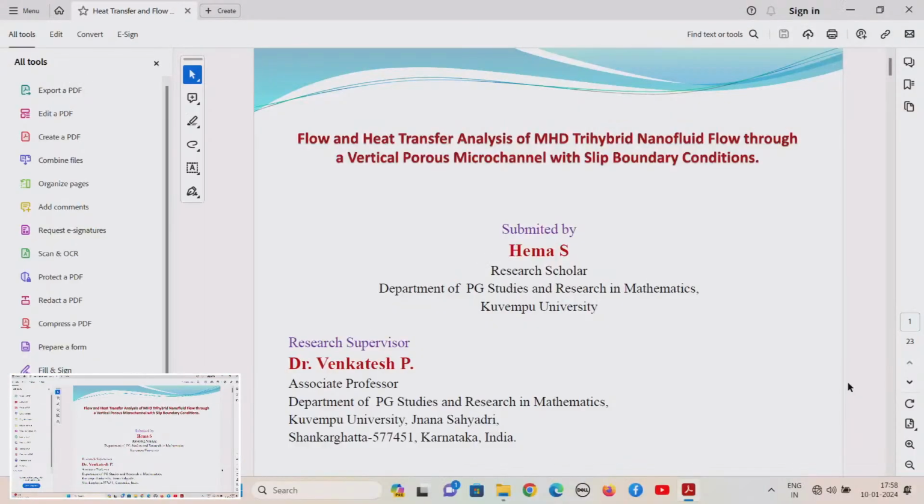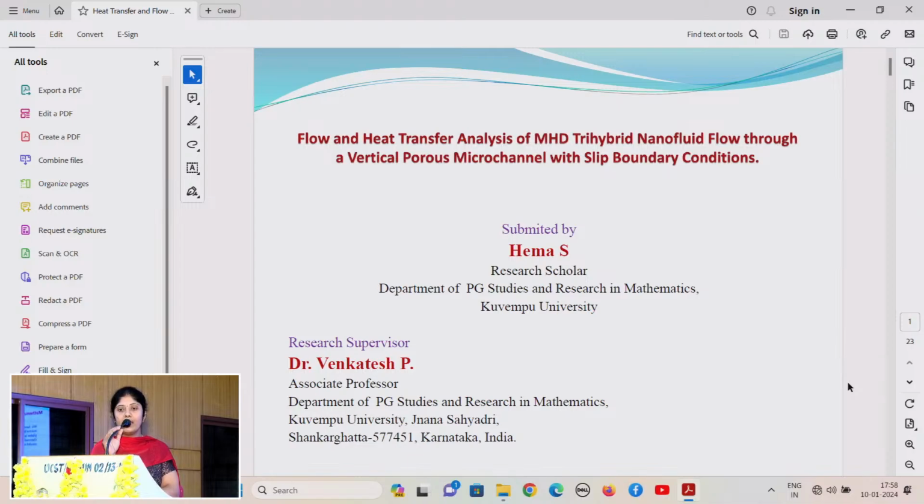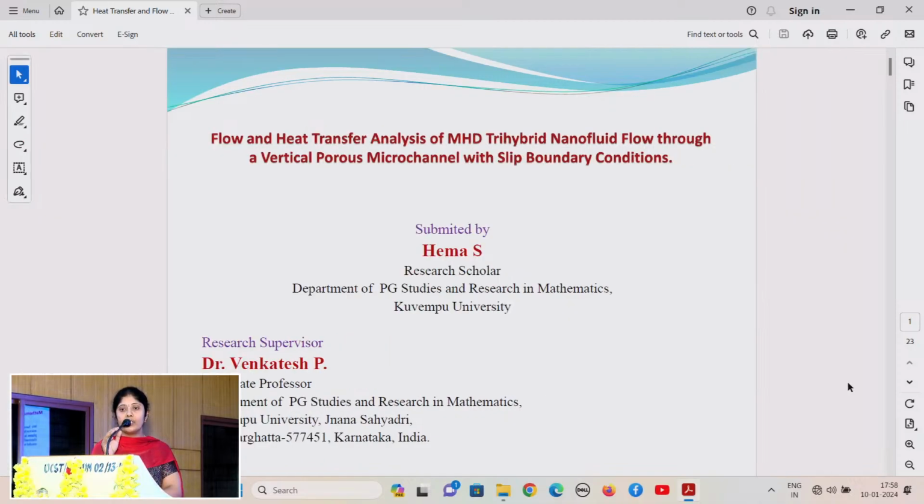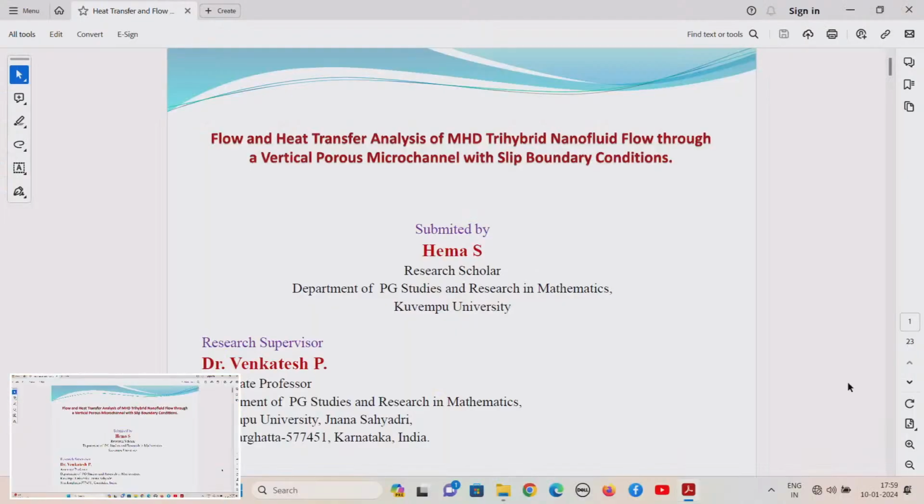Here I have written the momentum and energy balance equations and made them non-dimensional, and after that I have studied various parameters, velocity distribution and thermal distribution. By considering slip boundary conditions, I have studied the flow.